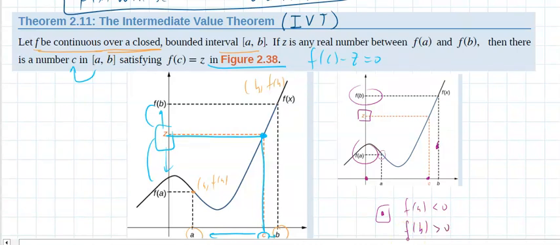And what do we know that there is between a positive and a negative? Automatically we know there is a 0, provided the function is continuous. Why is that? Because I can't move from a negative to a positive without crossing 0.